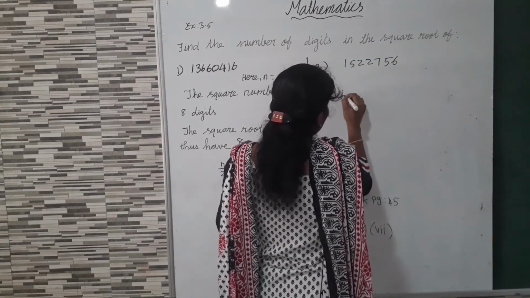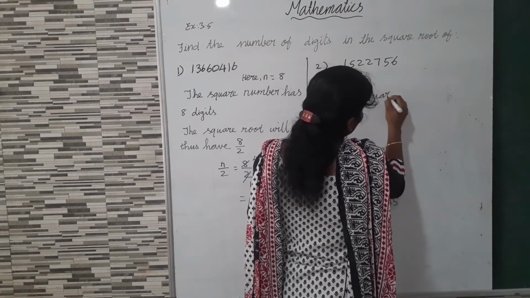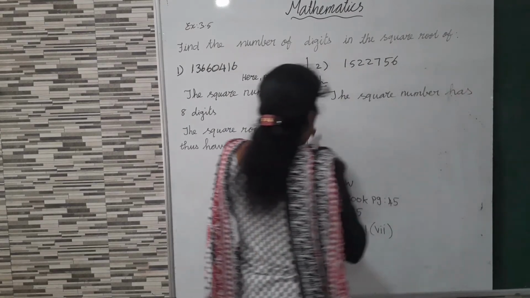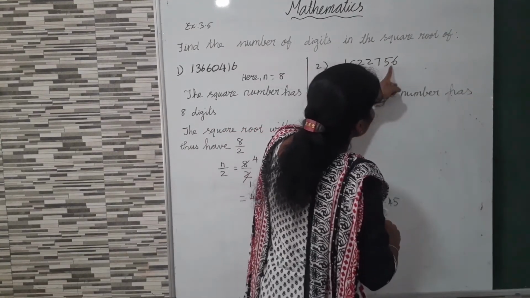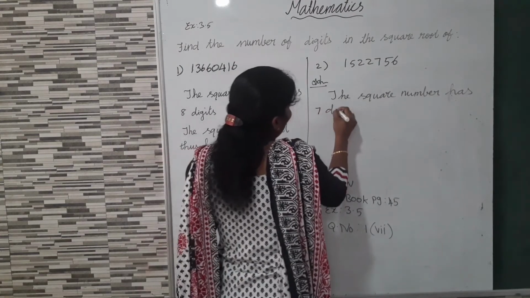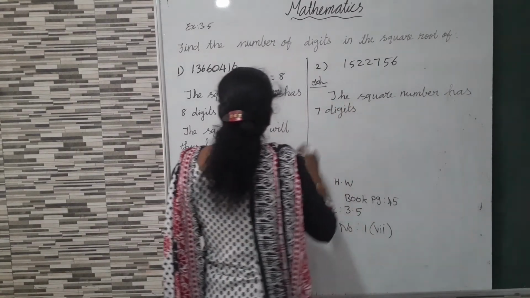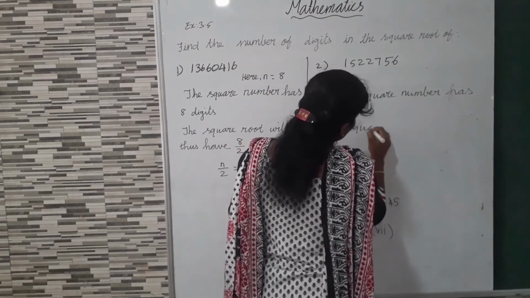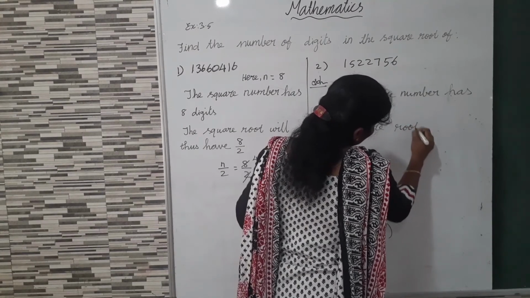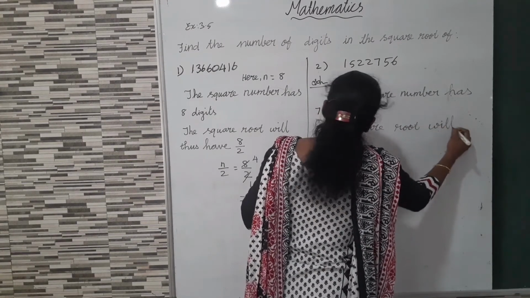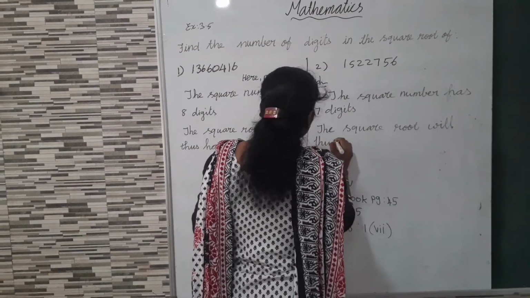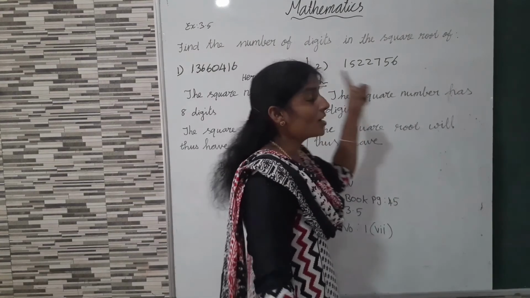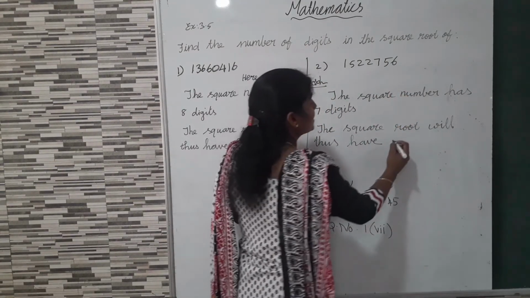The square number has how many digits? 1, 2, 3, 4, 5, 6, 7 digits. 7 is odd. The square root will thus have, this is odd, so what formula? m plus 1 by 2.